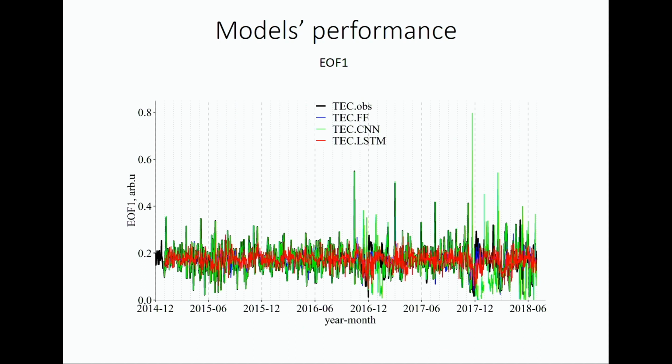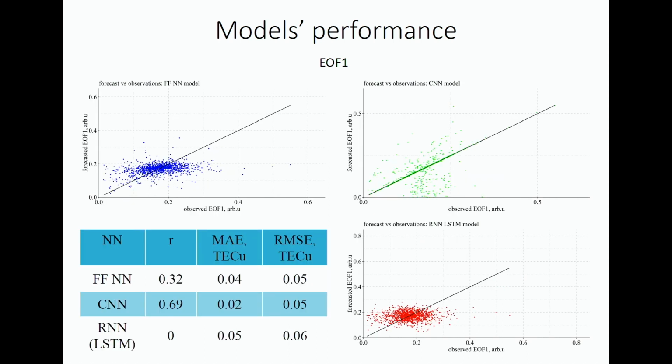Related to the eigenfactors, things are not working so well, at least at the moment. You still see the colors are the same, and sometimes some neural network is giving some very overshooting data. And when you look at the scatter plots, you see that the convolutional neural network is the one that by far performed the best, but in this model it is giving some very large burst values.